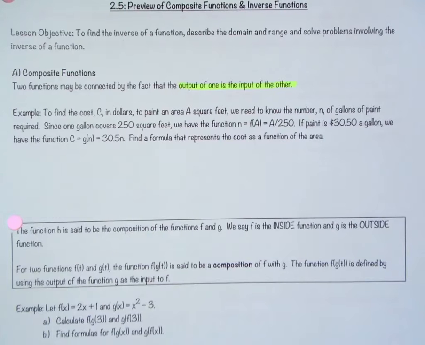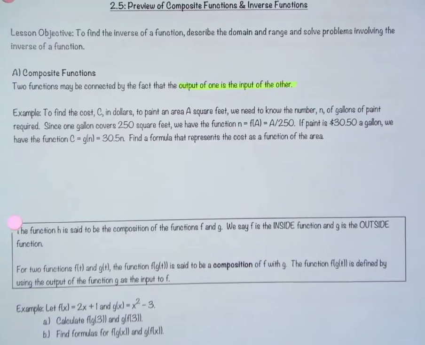So if 1 gallon of paint covers 250 square feet, then the number of gallons that I need is going to be that total area that I'm painting divided by the 250 for each gallon. Does that make sense? Okay. And then my cost is going to be $30.50 times the number of gallons that I need. Does that equation make sense?